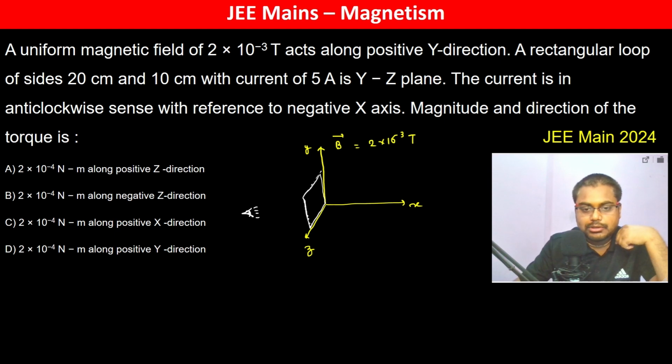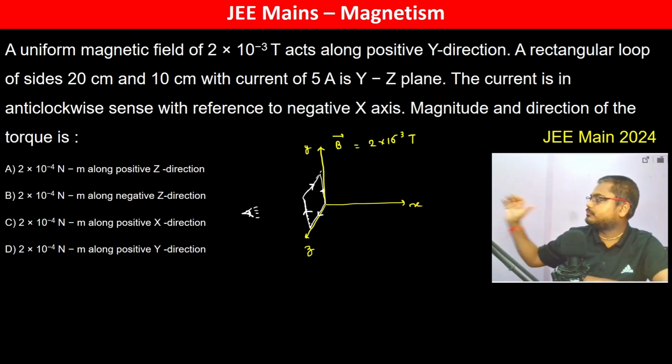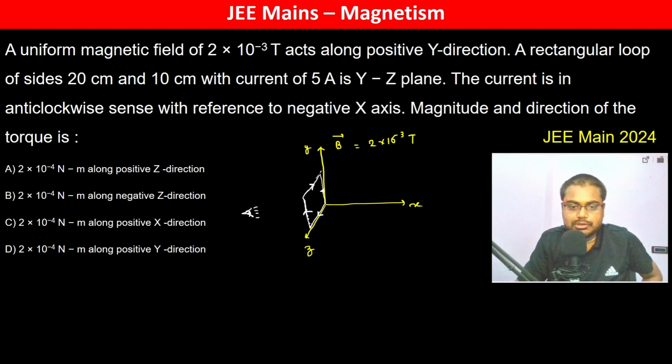So this is the direction of the current. If the current is like this, anti-clockwise direction negative, therefore this is going to be the magnetic moment.